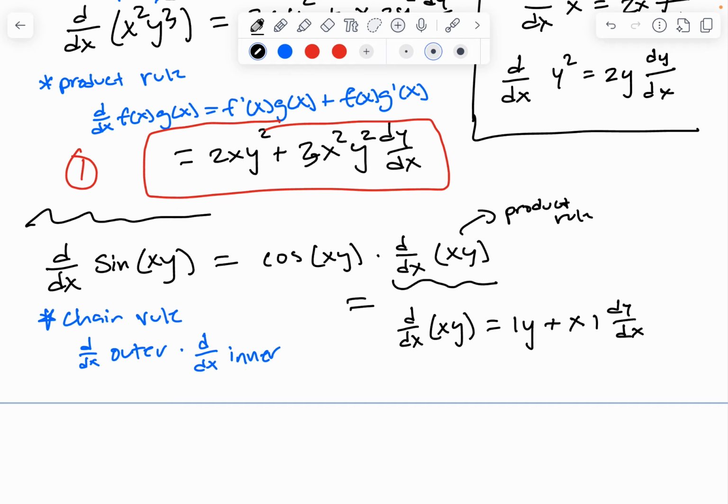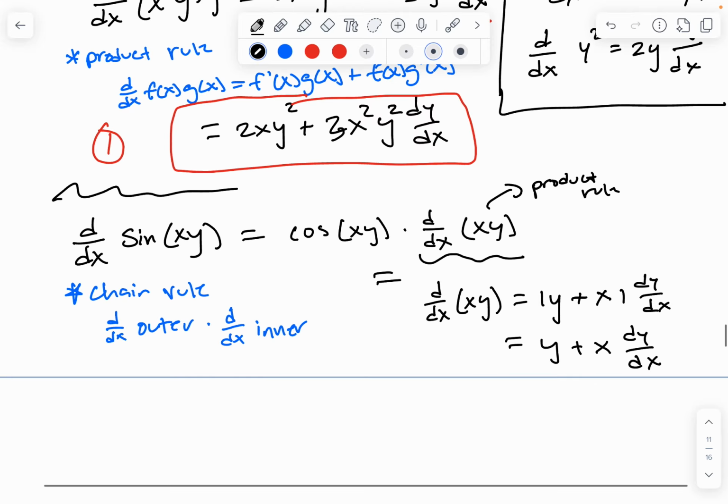So what that can be rewritten as is y plus x dy dx. So let's put that all back into the full thing.